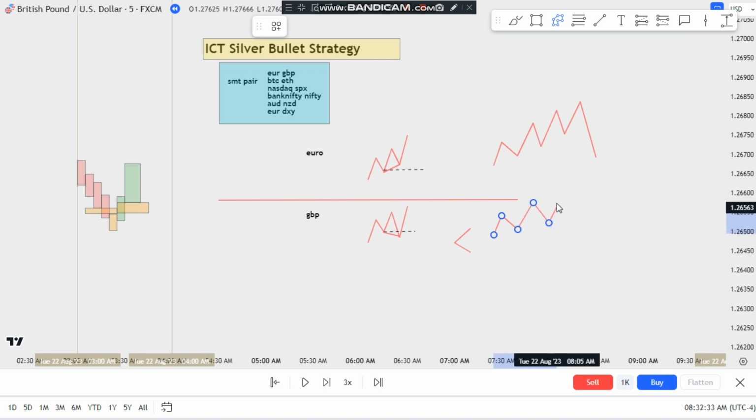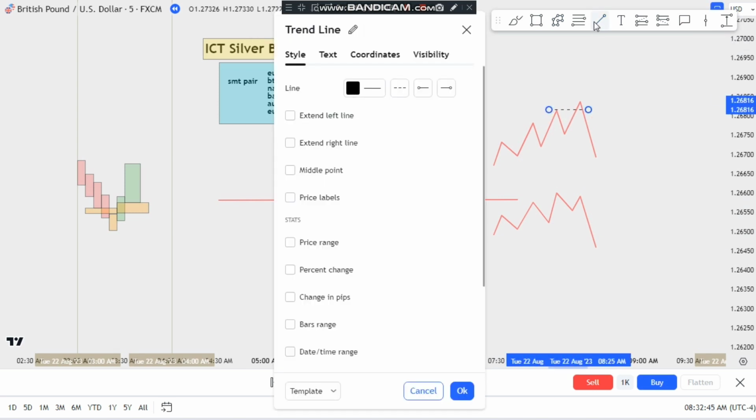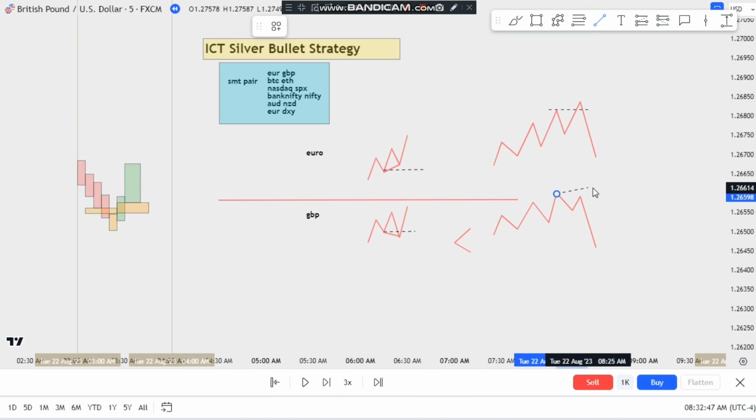It's also going up, but here you can see that the euro swept the high and the GBP didn't, so we got a divergence. This divergence is at the top, so this is a bearish divergence. We get a sign like this, and after the bearish divergence the price starts going down.